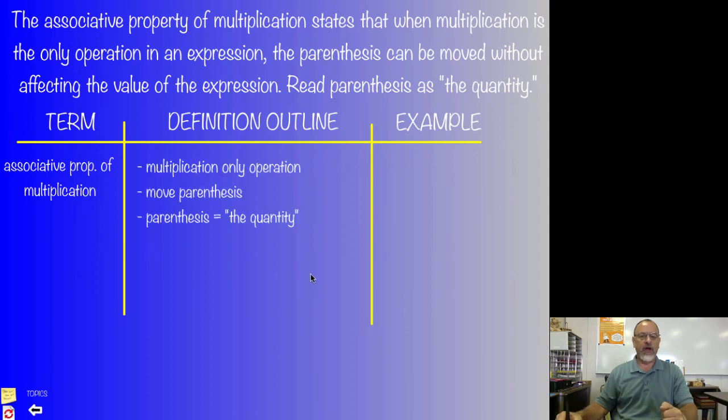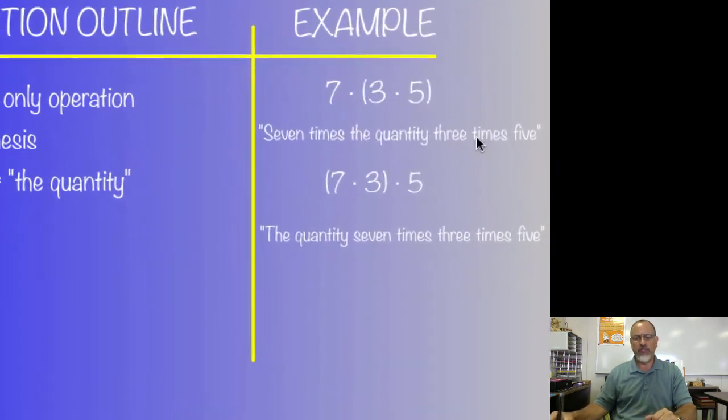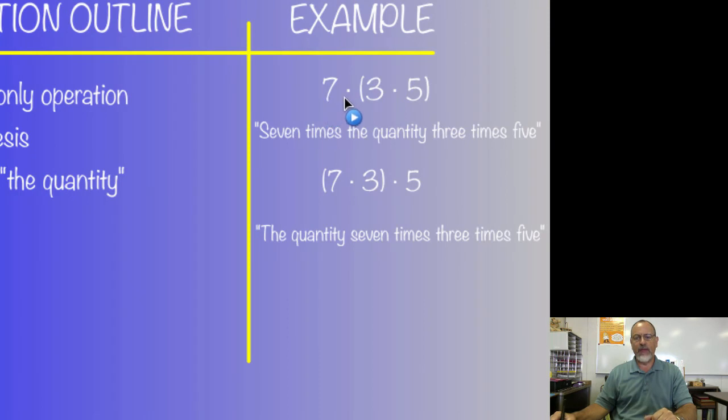So the associative property of multiplication allows me to move the parentheses around when I'm only moving it around terms where multiplication is taking place. And then again, I use the phrase the quantity. So the first expression here would be 7 times the quantity 3 times 5. And then I can change the parentheses and put the 7 and 3 in parentheses instead because it's all multiplication. And I would say the quantity 7 times 3 times 5.